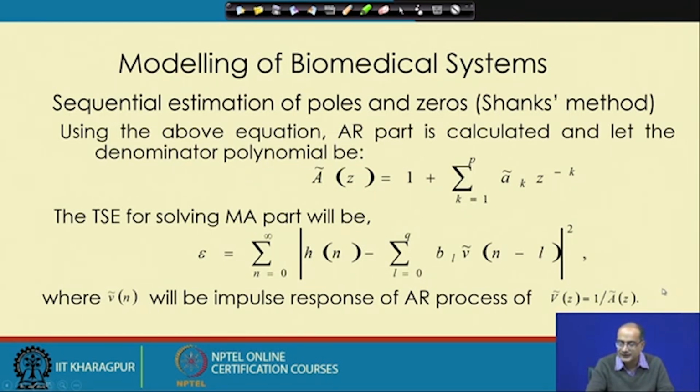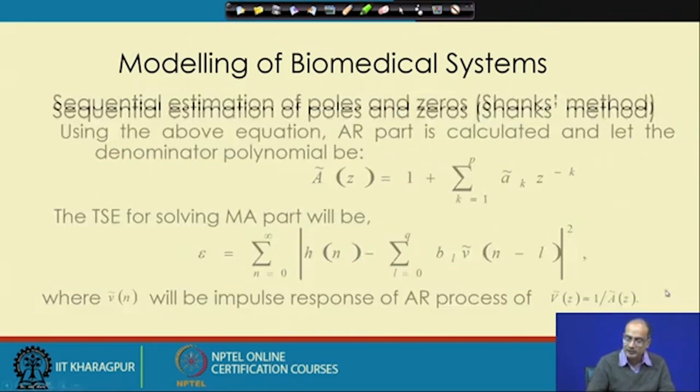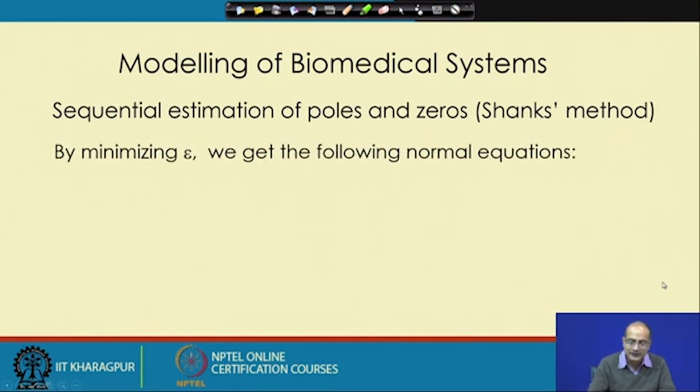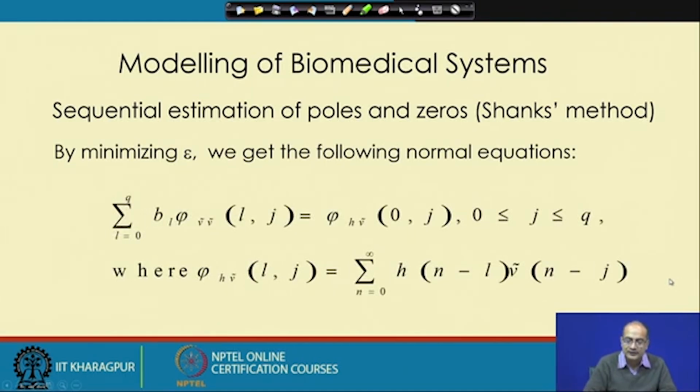So, using the polynomial A tilde z we can compute the value of V tilde n, and by minimizing eta we get a set of linear equations, with the help of which we can compute the value of BL.